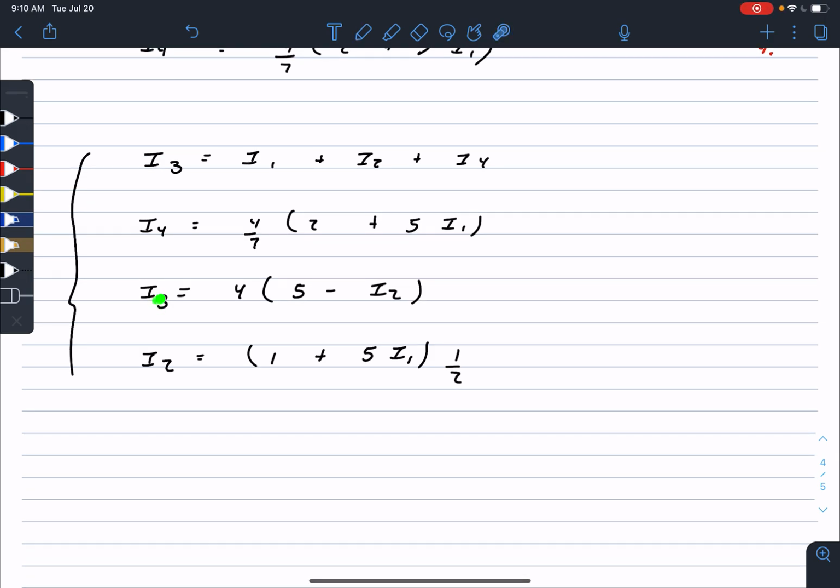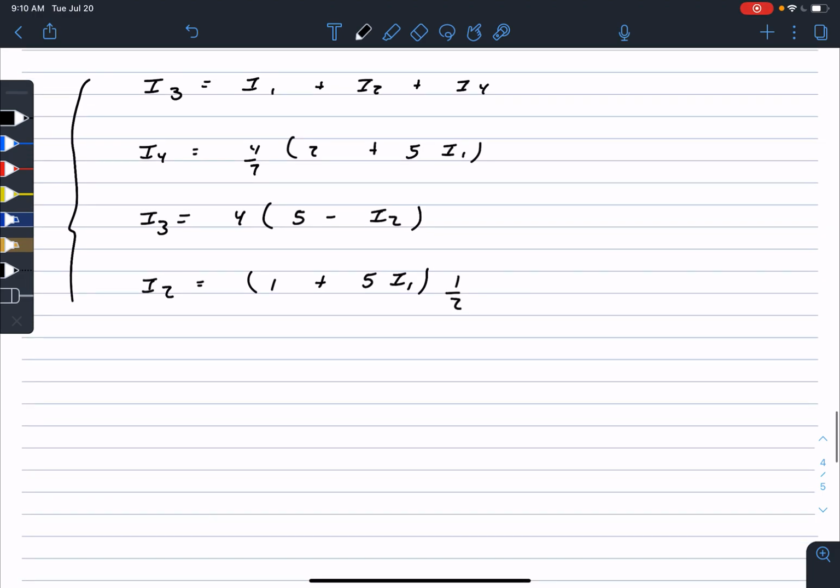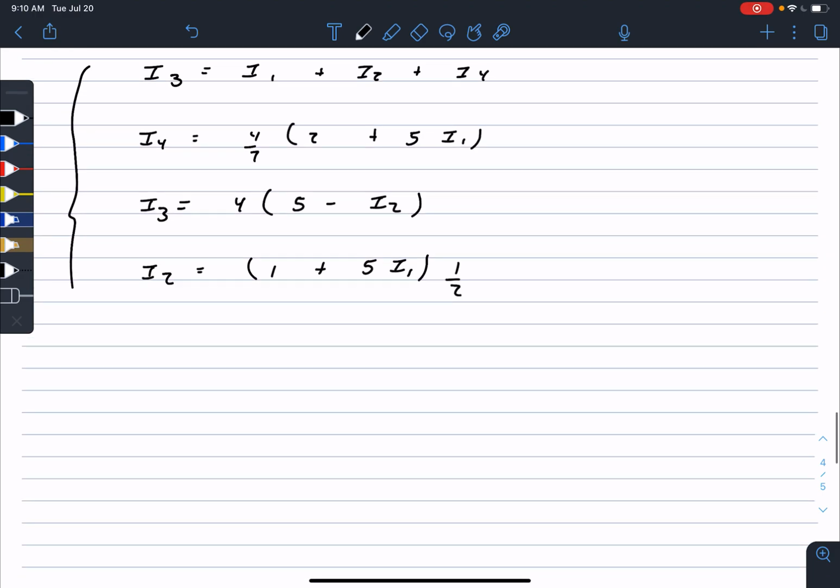So notice that I3 is in terms of I2, but I2 is in terms of I1. So let's plug I2 into I3. We have I3 is equal to 20 minus 5 I2, which is 20 minus 5 halves times 1 plus 5I1.